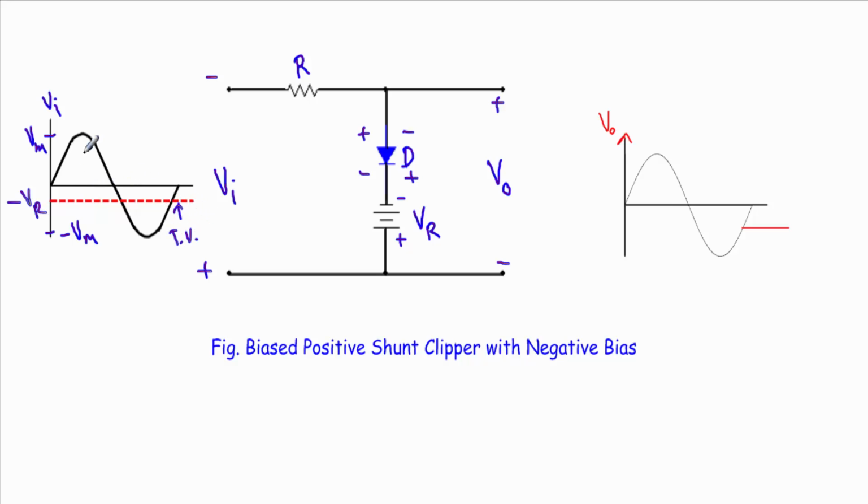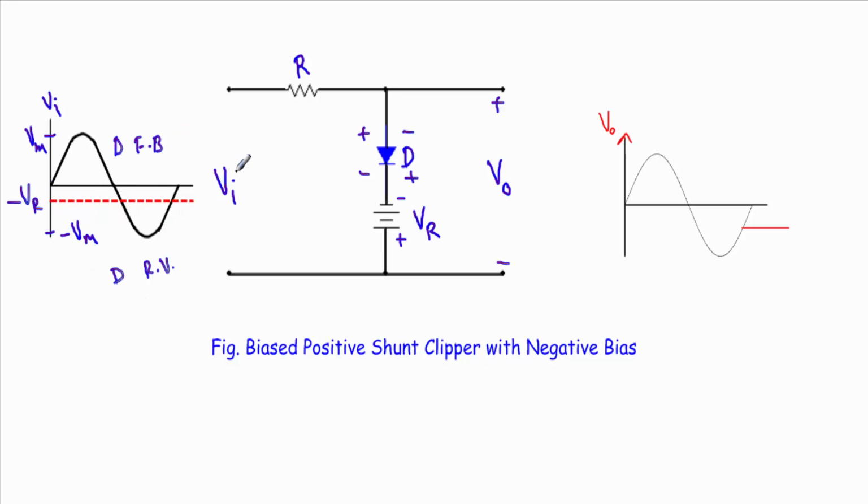For any value of the input voltage above this transition voltage, our diode will be in forward bias, that means the diode is in on state, and for any value below it, the diode will be in off state or reverse bias.